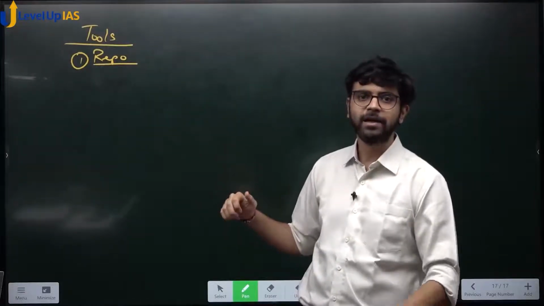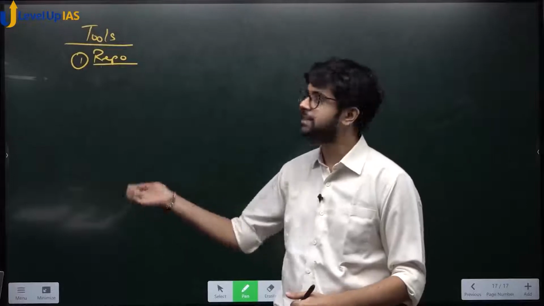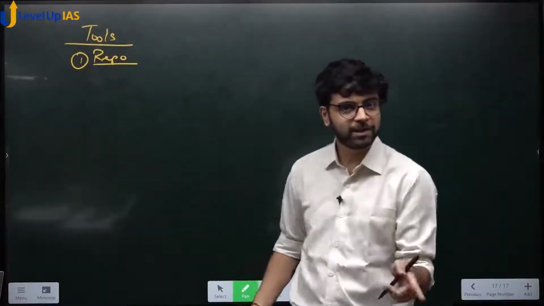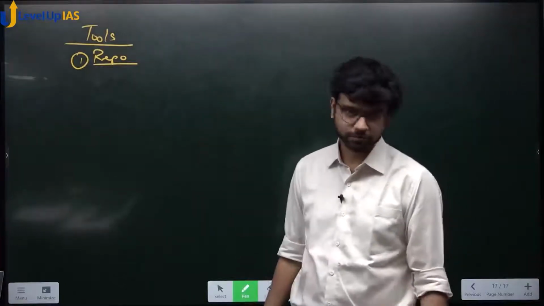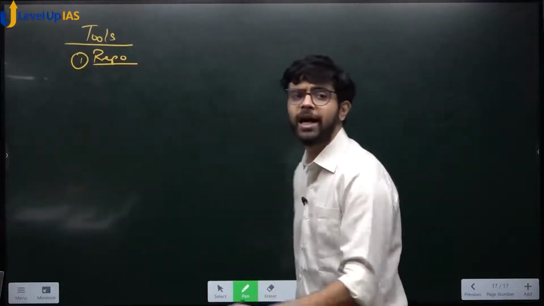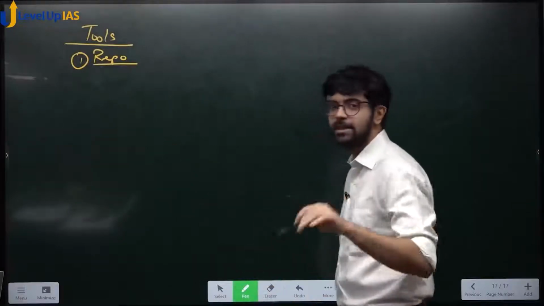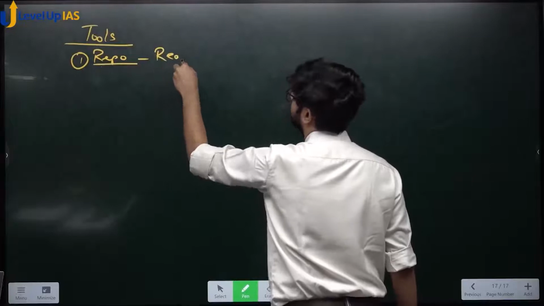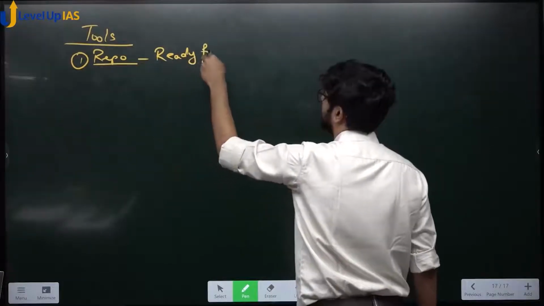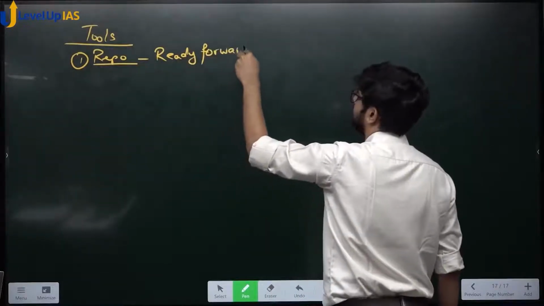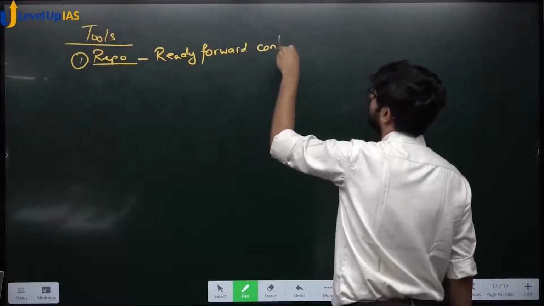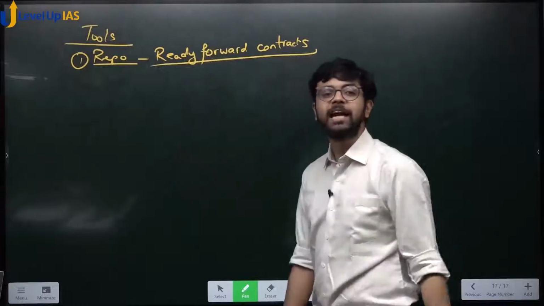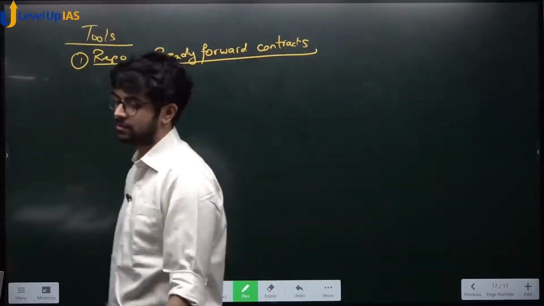Borrower, commercial bank will go to RBI. Commercial bank will say, sir, I need money. RBI will say, give security, but promise to repurchase the security back, repo. Okay, also called as, now in money market this term is relevant, also called as, see this, oh sir, too technical, also called as ready forward contracts. समझा?